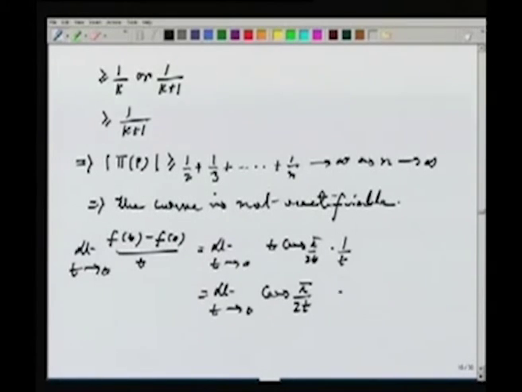But this limit does not exist. So it's not a differentiable curve, and as a result, I could see that it is not rectifiable. Well, it's not really if and only if, but since it is not rectifiable, there must be something wrong with the derivatives. That's what I wanted to check. It turns out to be the case.